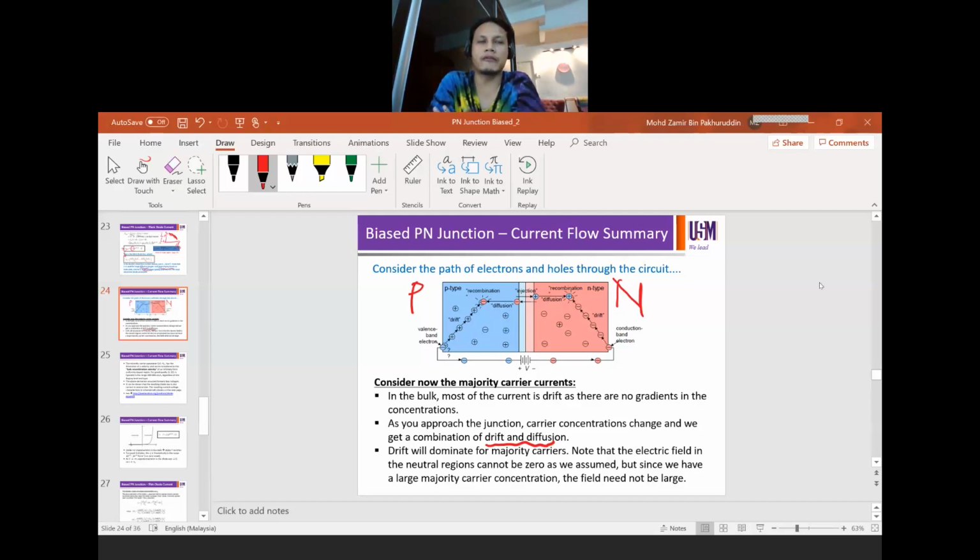So do we have concentration gradient in quasi-neutral region? Do you have any gradient in quasi-neutral region? Anyone? Amirah, Nurul Amirah. Kita ada tak gradient, concentration gradient?